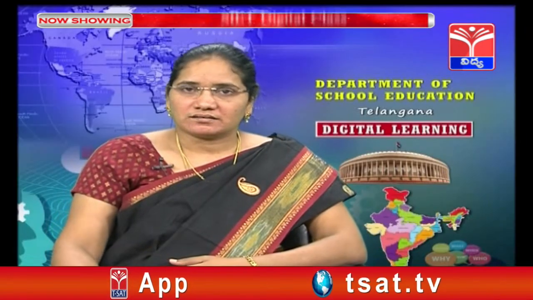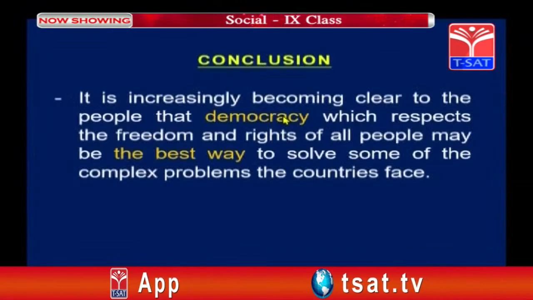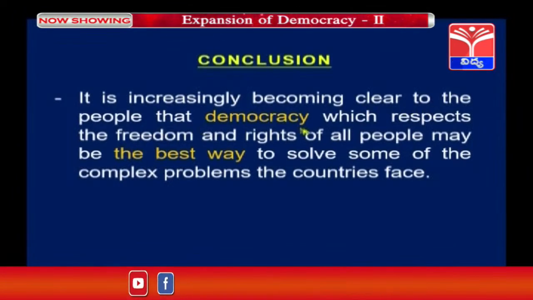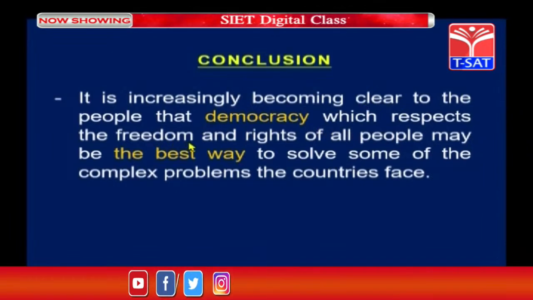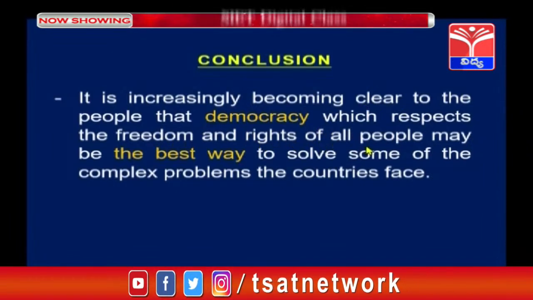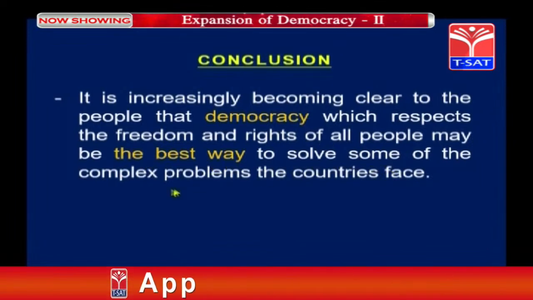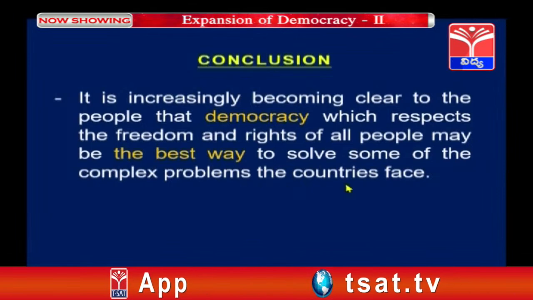Children, let us conclude this lesson. It is increasingly becoming clear to the people that democracy, which respects the freedom and rights of all people, may be the best way to solve some of the complex problems the countries face.